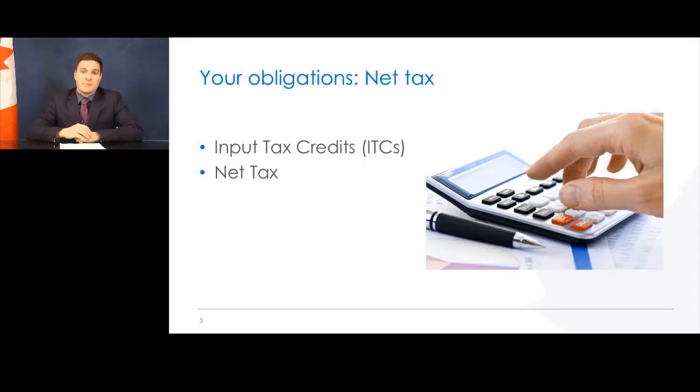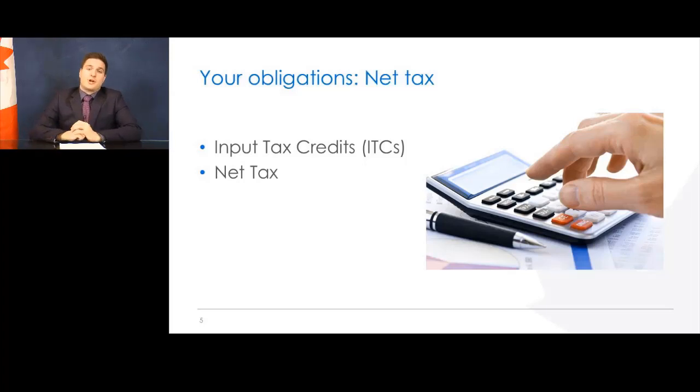You might be able to claim ITCs if your purchases and expenses are for things you consume, use, or supply in your commercial activities. For example, a long-haul trucking business may choose to claim an ITC for the GST HST they reimburse to their drivers for meal and entertainment expenses they incurred in Canada.